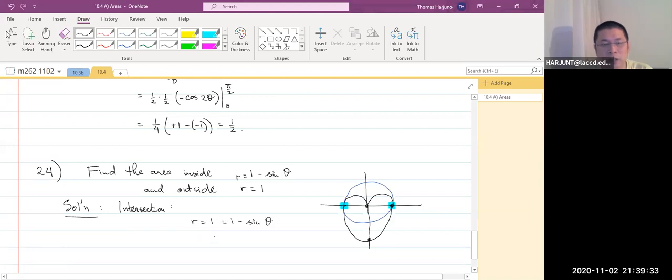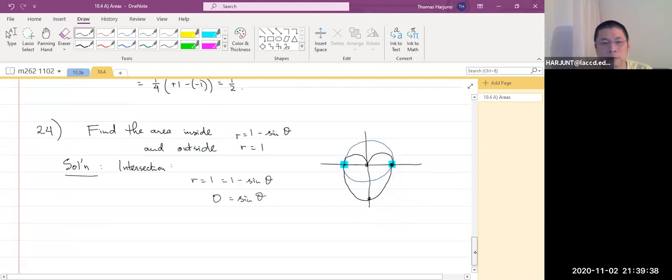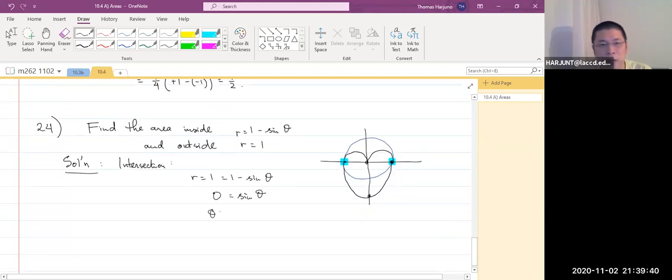Okay, so sine theta equals 0. Okay, theta equals pi. Now from the graph we can see that the region we want is this region here.